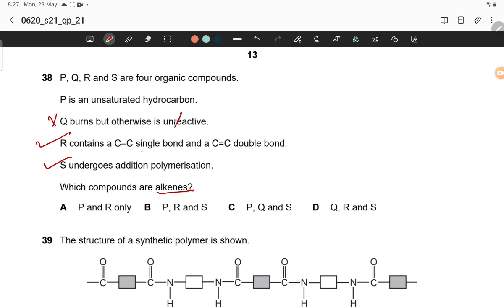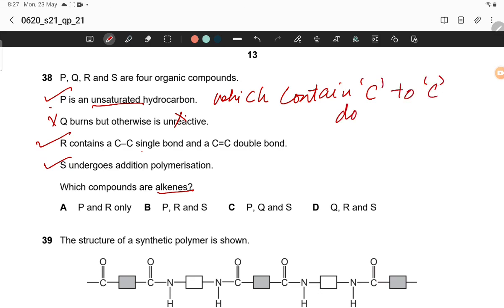P is an unsaturated hydrocarbon which contains a carbon to carbon double bond. So P, R and S are correct. B is the correct option. PQS is incorrect. QRS is also incorrect.